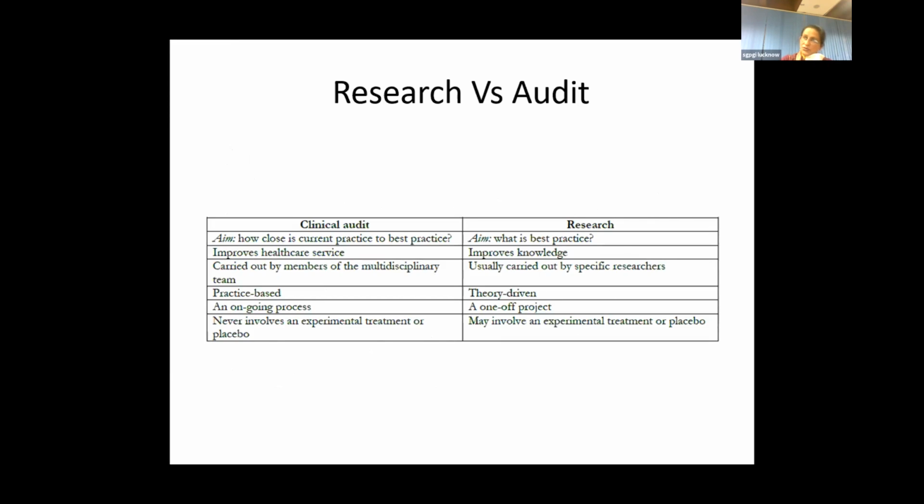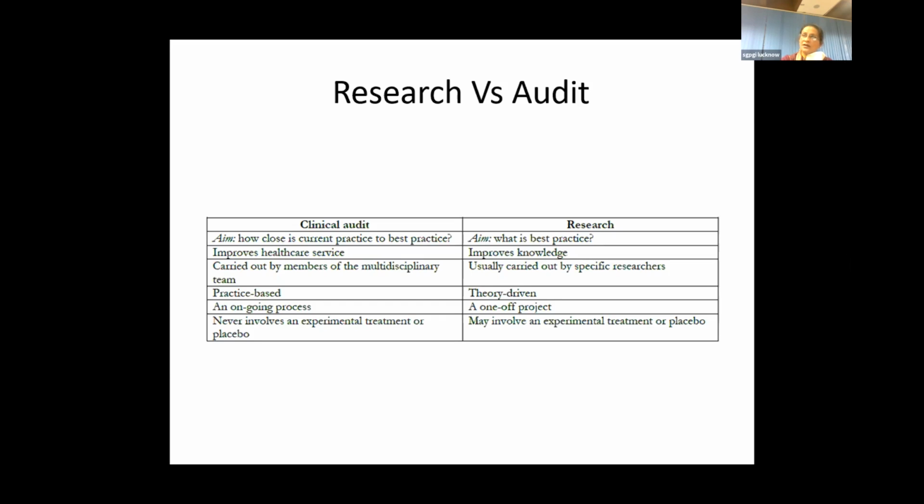Usually research is a one-time procedure. If you look at it theoretically, it is theory driven, but essentially at the end of it, the knowledge gained has to be translated to clinical practice. So we can't say that it is totally theory driven, but it is a one-time process, and it might involve an experimental treatment or placebo.